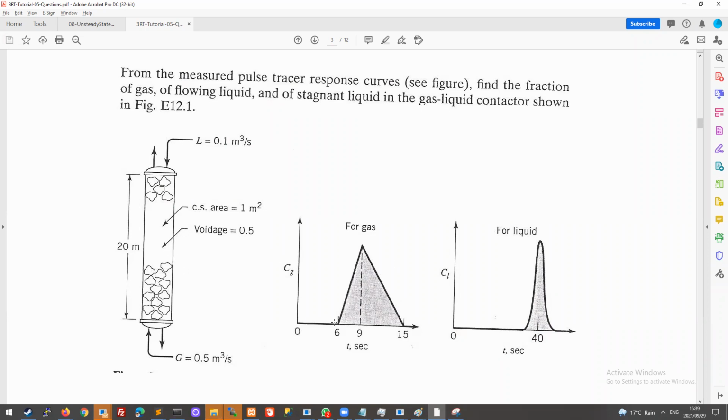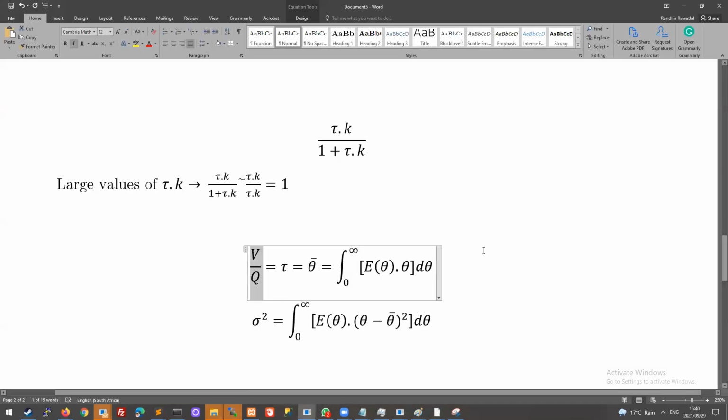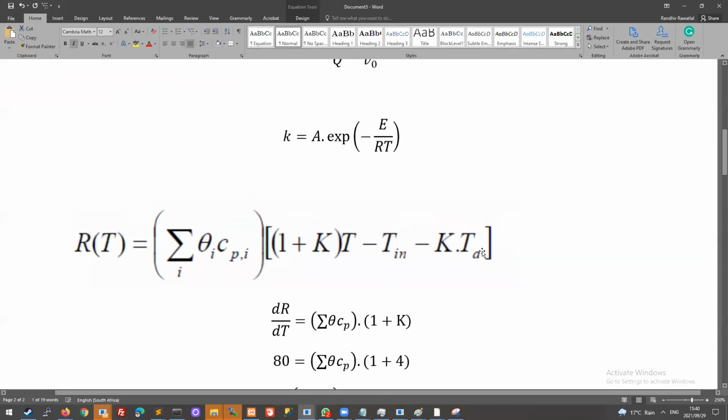For the gas, it's slightly more interesting. We don't have the peak of this curve, but we don't really need it because for the age distribution E, we are going to divide by the area under this curve anyway, right? So E is, where is E?